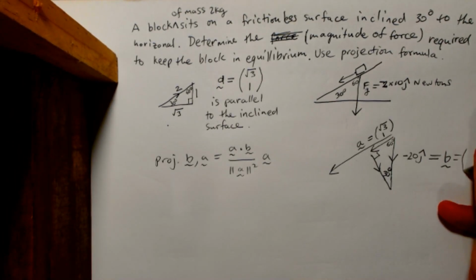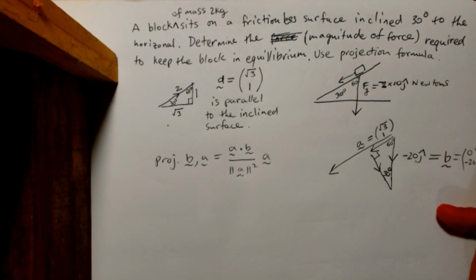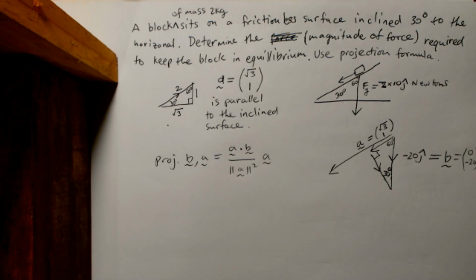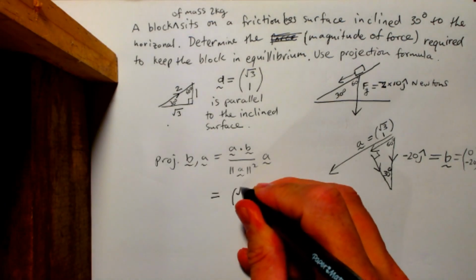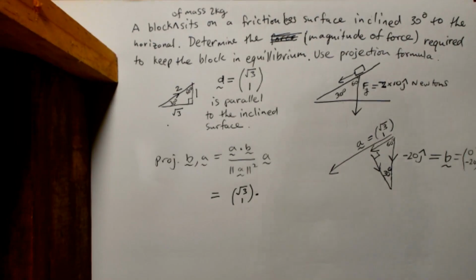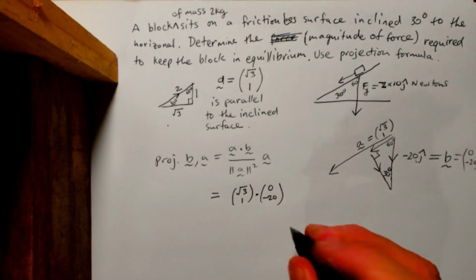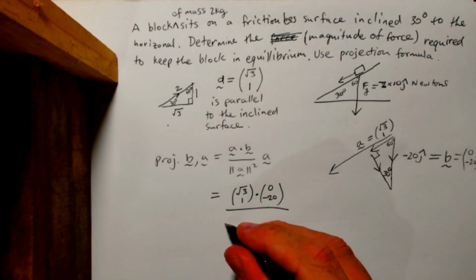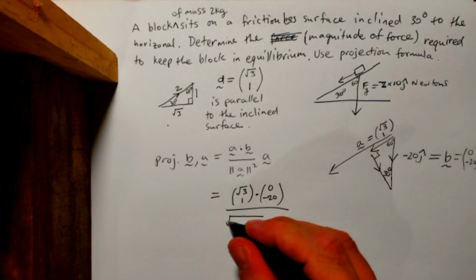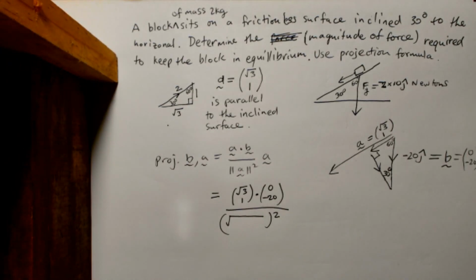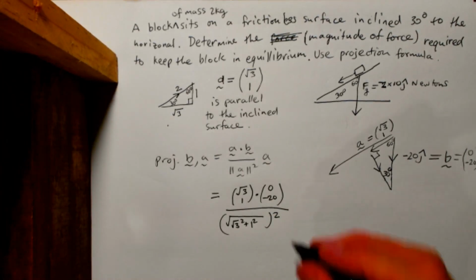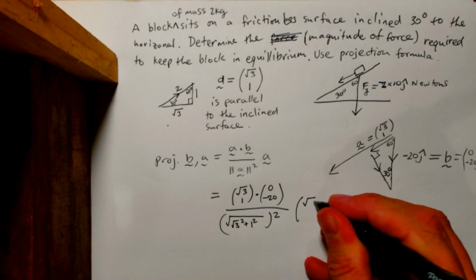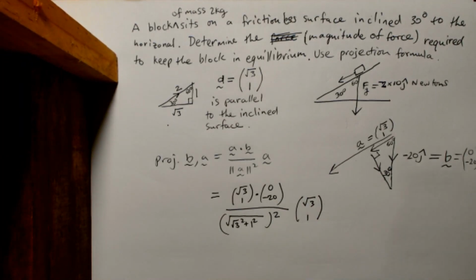Okay, now let's rewrite this one as a column. So we've got 0, minus 20. And then let's just calculate the dot product here. So A is root 3, 1, and we're dotting that with 0, minus 20, dividing by the norm of A squared. Inside there we've got the square root of root 3 squared plus 1 squared, and then multiplied by the vector A. Okay, let's simplify that.